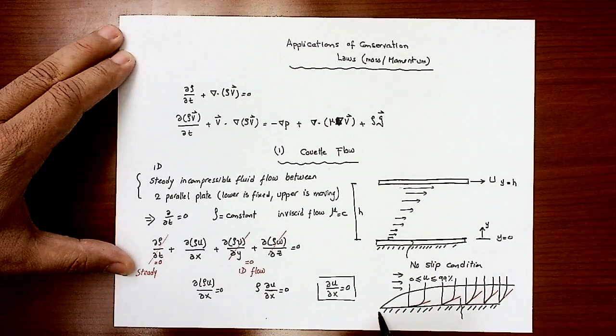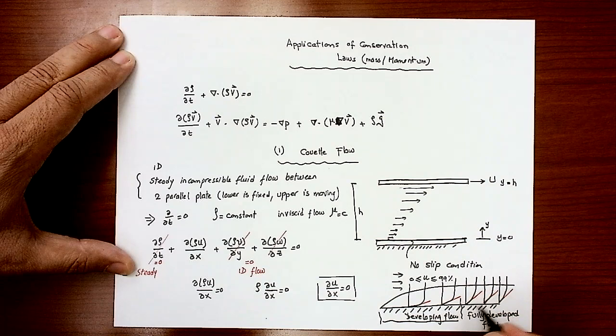So in the first region here, we call that developing flow. And as soon as your velocity distribution profile remains the same, we call that fully developed flow.